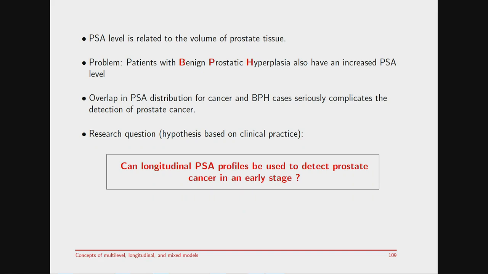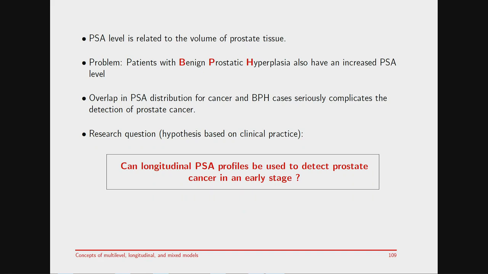So the idea would be, if you follow up on people and you monitor PSA, let's say every year or every 2 years, and you see the PSA gradually increasing, that's probably not very dramatic.